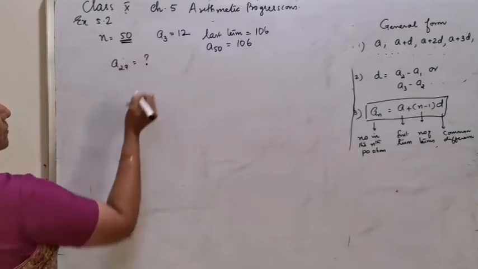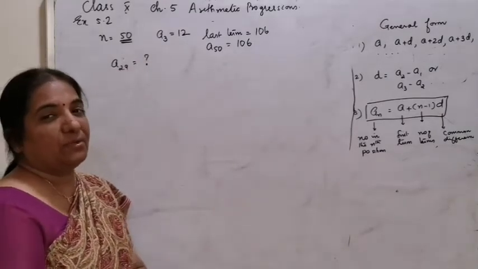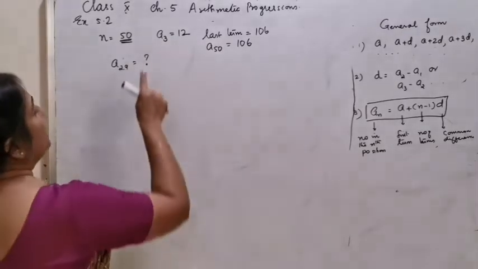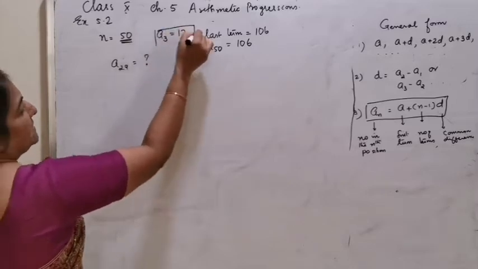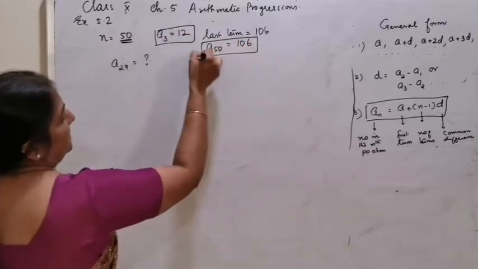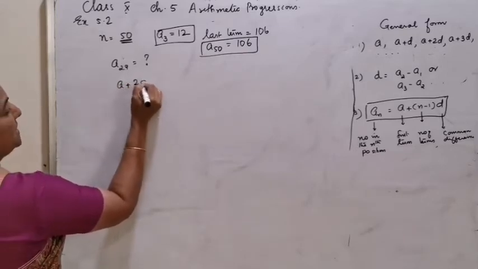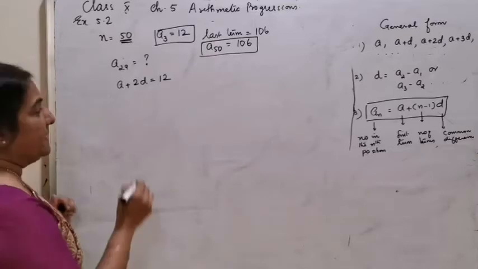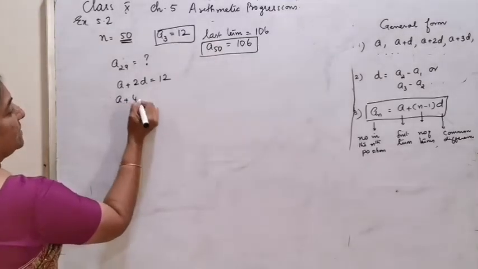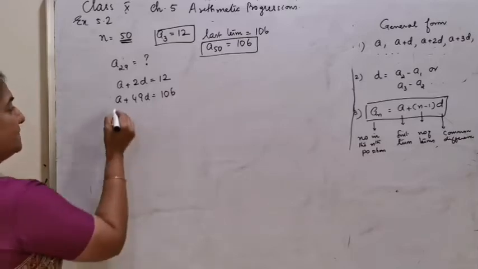If you have to find out A29, you should get the value of A as well as the value of D. So, A3 is equal to 12. We have to form two equations as in the previous question. A3 is equal to 12 means A plus 2D is equal to 12. A50 is equal to 106 means A plus 49D is equal to 106.